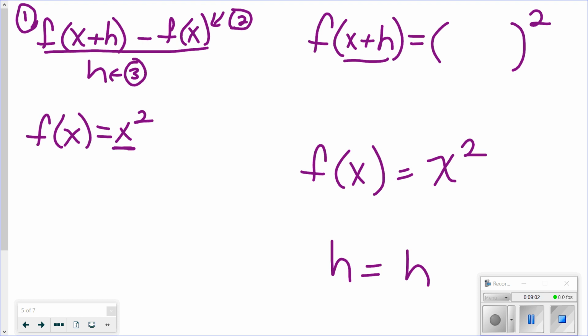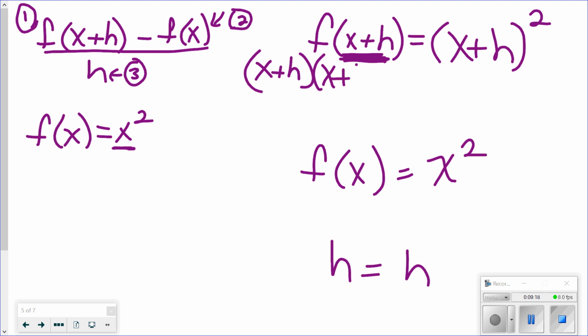And now inside that, I have to put what they told me to plug in, which is x plus h. Now remember, we're going to have to multiply that out. X plus h squared means x plus h times x plus h. I don't get to just square the x and square the h and call it a day. We do have to multiply this out.